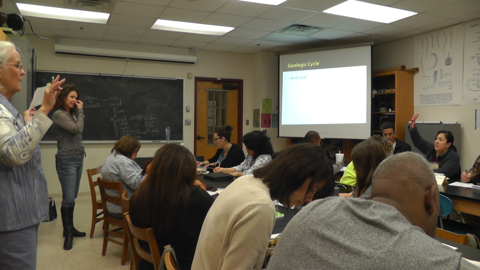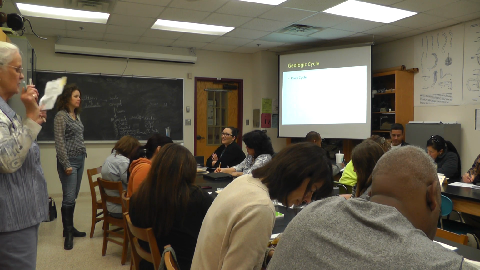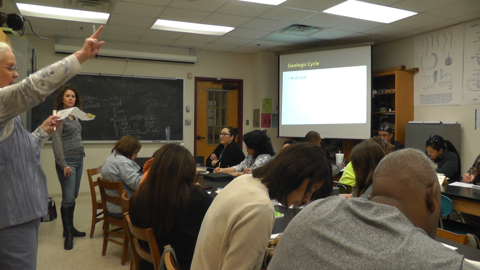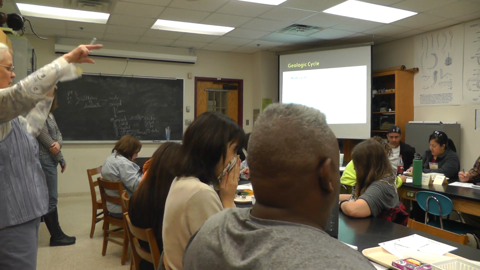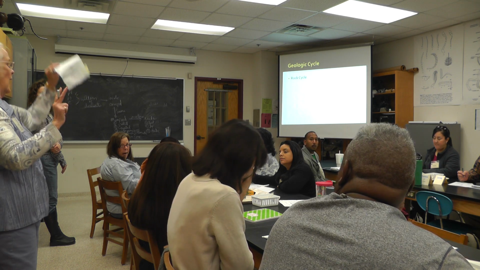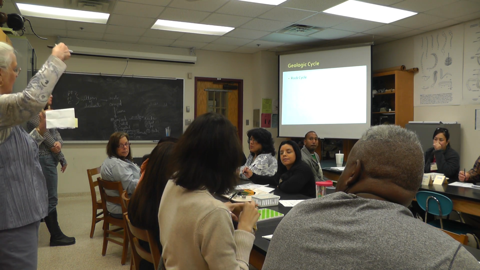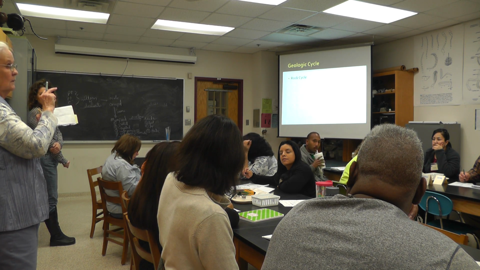How do you spell that word? K-A-R-S-T. Karst topography. And there are two kinds of sedimentary rocks. On your key, there was a side over here and a side over here. These on this side were made of stuff like sand and gravel and clay and particles.